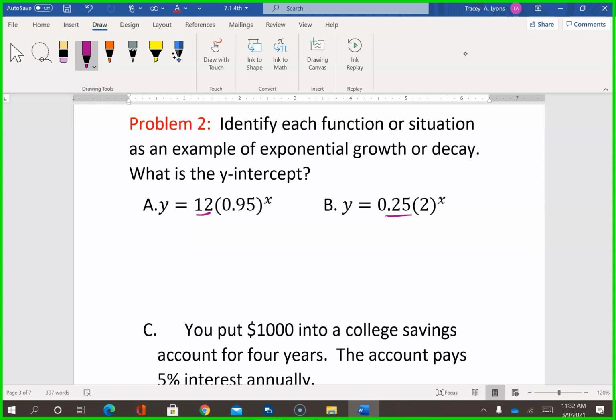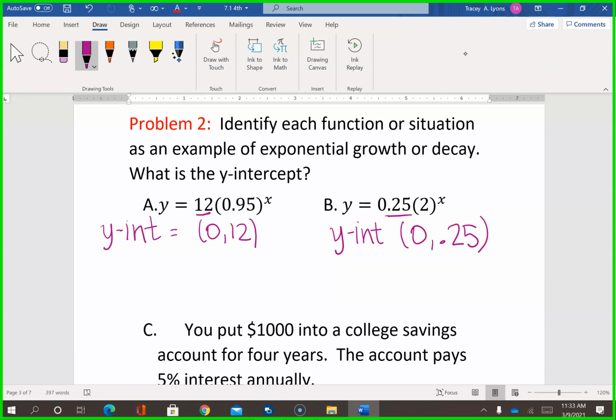That's going to be your y-intercept. So whatever that number is, it's 0, 12, and 0, 0.25. So the y-intercept for this one is 0, 12. The y-intercept for the next one would be 0, 0.25.